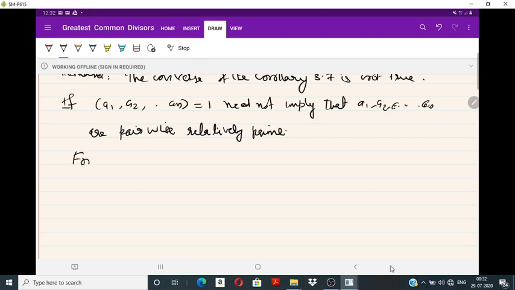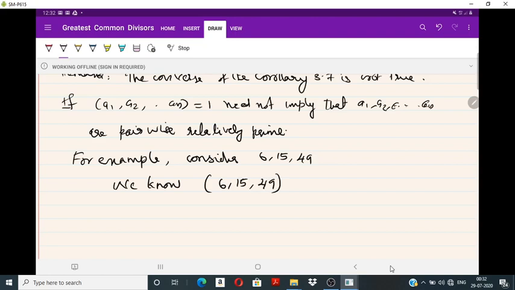For example, consider the numbers 6, 15 and 49. GCD of 6, 15 and 49: they have no common factor other than 1, so their GCD is equal to 1.